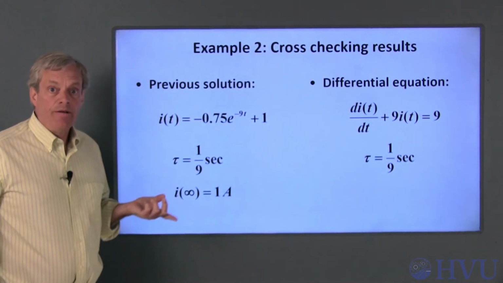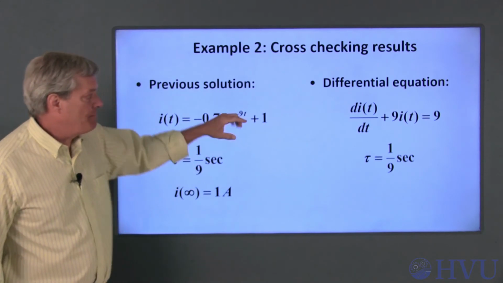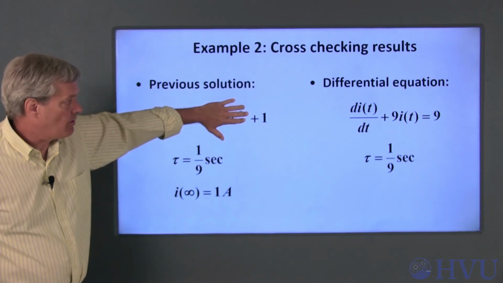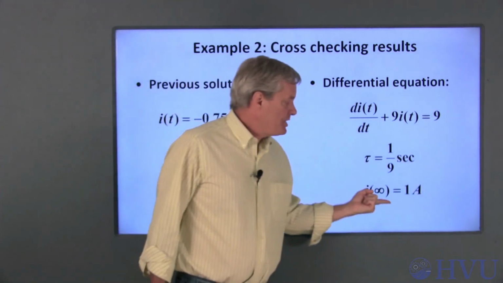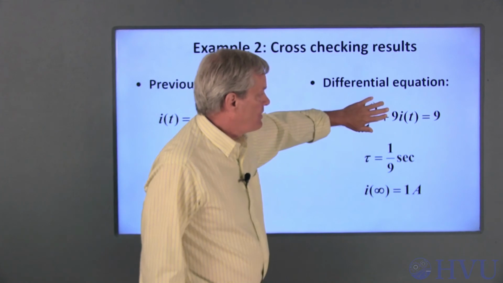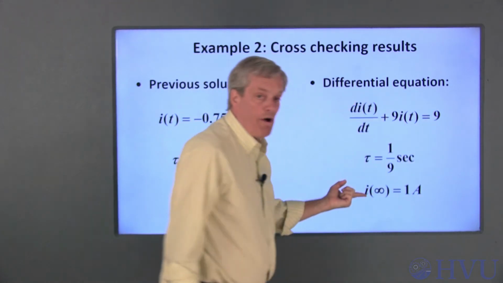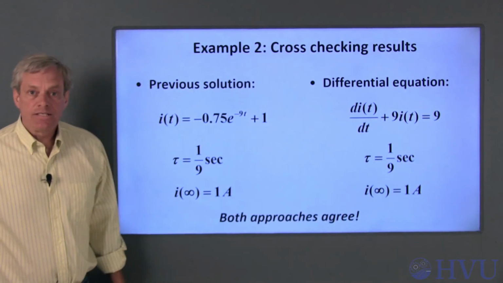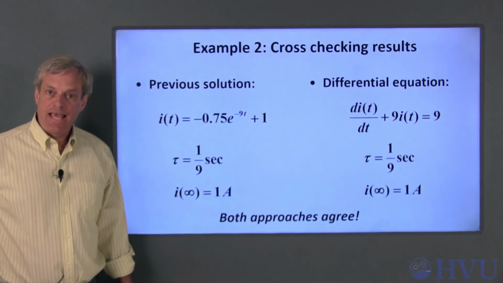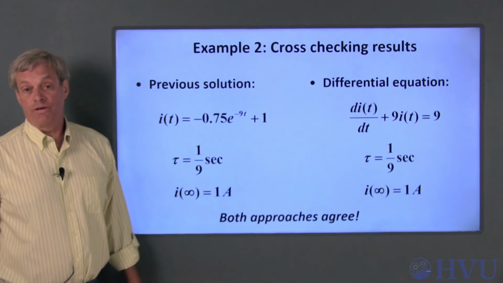From this solution, the response of I as t goes to infinity is 1 amp, since this term becomes 0. From the differential equation, as time goes to infinity, I of t becomes a constant. This term goes away, and I at infinity is 9 over 9, or 1 amp. The time constant and the steady state response are the same in both solutions, and once again we can be confident that our solution is correct.